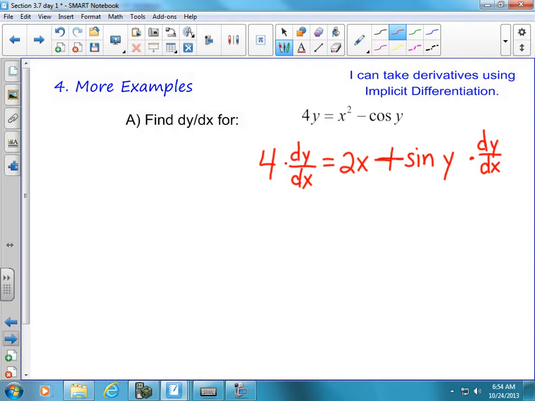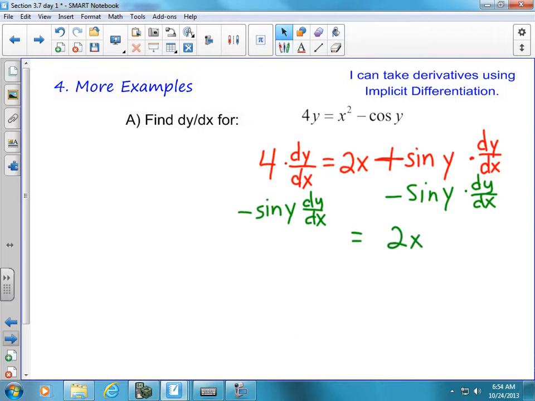Okay, so in accordance with our rules that we just had, we want to get all the dy dx's on one side of the equation. So we're going to subtract this term, sine of y dy dx, on both sides of the equation. Negative sine of y dy dx. All right, so that leaves us on the right-hand side with just a 2x.